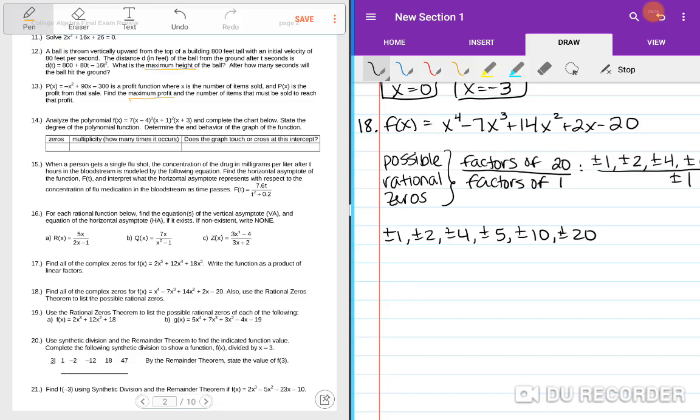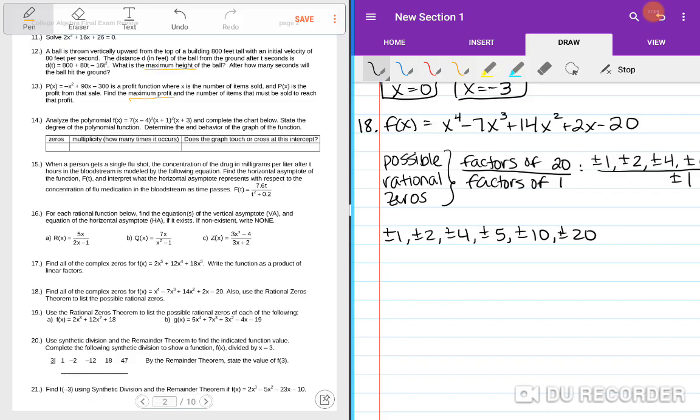So right now I'm typing this into my y equals, and then I'm going to look at my graph. I have to fix my graph here. There we go.